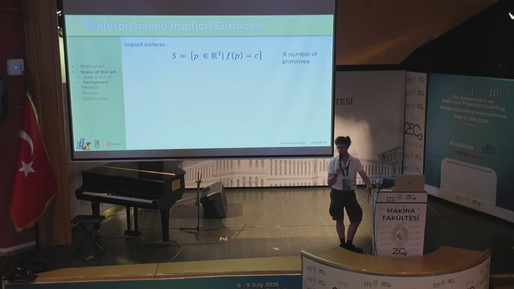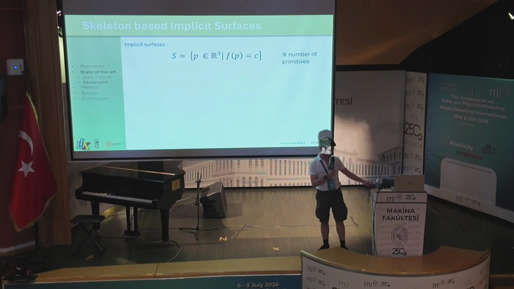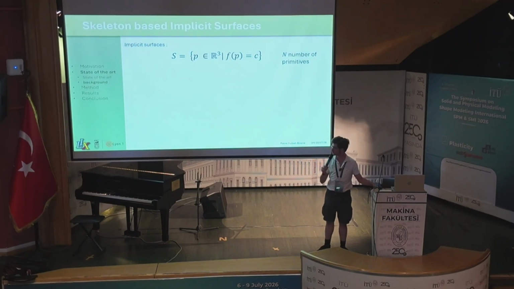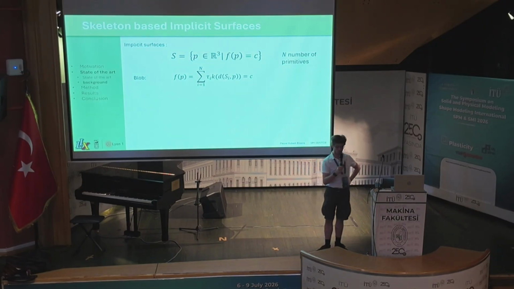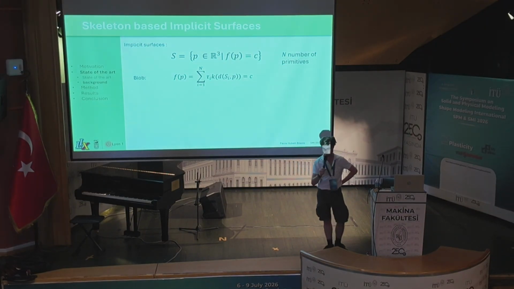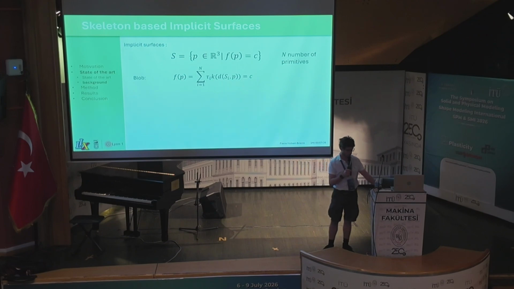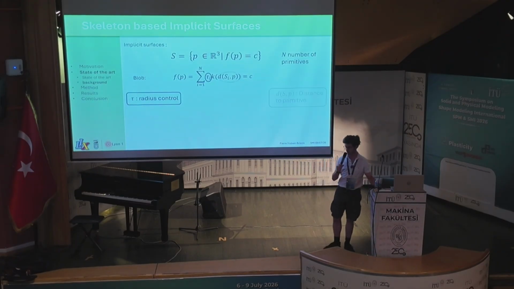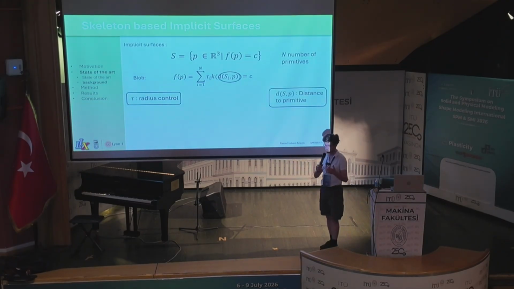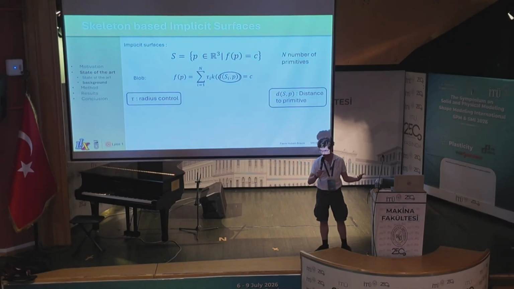Implicit surfaces are defined as a level set of a continuous function, and usually you are quite free to use whatever function you want, the simplest of all being the blobs. It's quite an old model, and it's quite nice for its parameterization, because you have radius control over all the primitives that are themselves represented as distances to some skeleton, either point, segment, or triangle, or whatever you want.